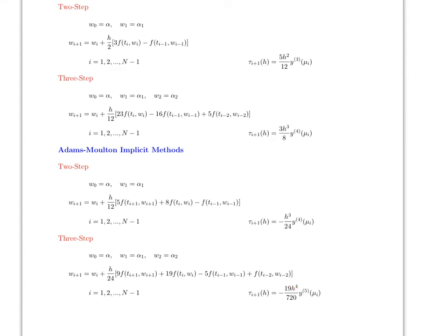So therefore the implicit methods tend to be more stable or more accurate, which means that they have a smaller round-off error for the most part. But like I said before, for implicit methods, it requires that you solve for wi plus 1 explicitly, which may not be possible all the time.